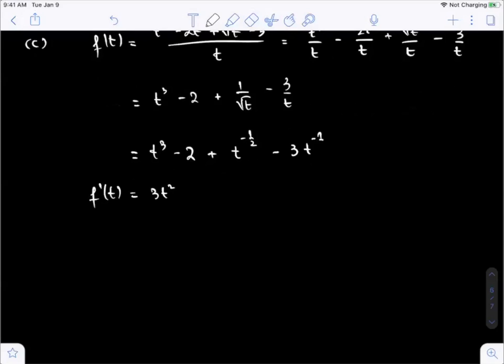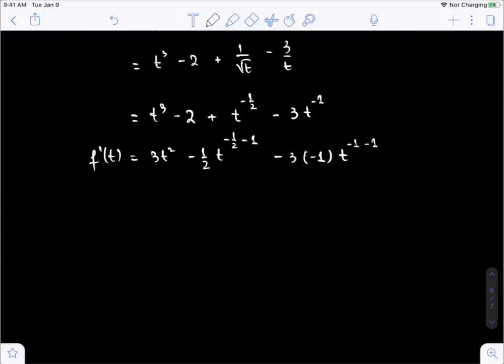The derivative of negative 2 is 0, so I'm not going to write it. The derivative of t to the negative 1/2 is negative 1/2 times t to the negative 1/2 minus 1, and minus 3 times negative 1 times t to the negative 1 minus 1. Simplifying, we get 3t squared minus 1/2 times t to the negative 3/2 plus 3 times t to the negative 2. And that's it.